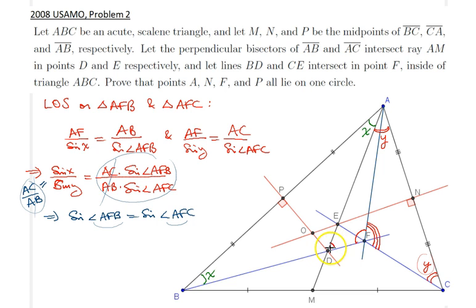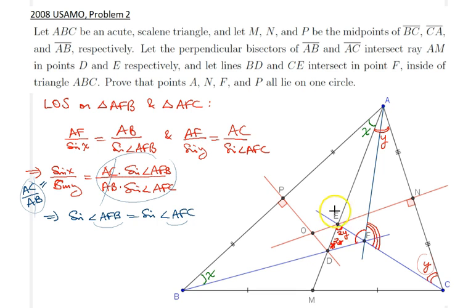So this is an exterior angle up here, and angle EDF is therefore 2x, because those two angles were x, so that angle up here is 2x. Similarly, angle DEF, this angle right here, is simply 2y, because we have two interior angles that add up to 2y. So I have 2x and 2y here.